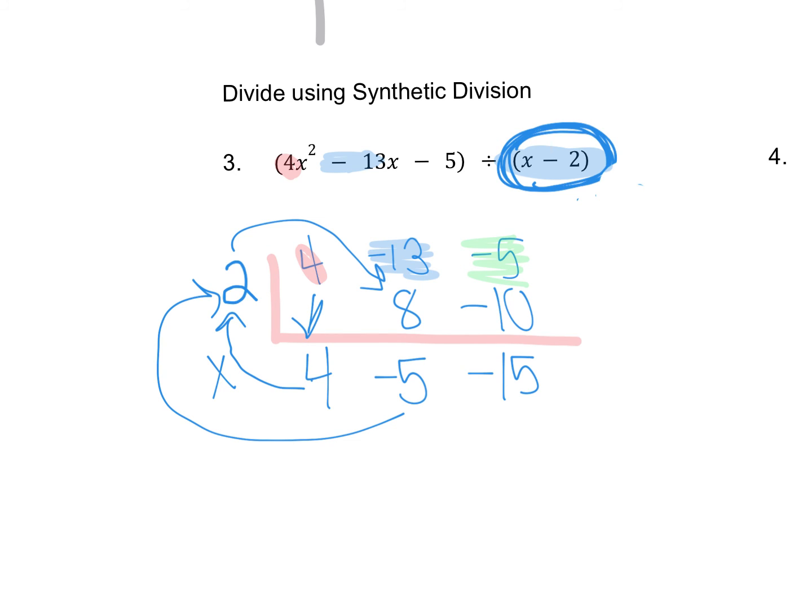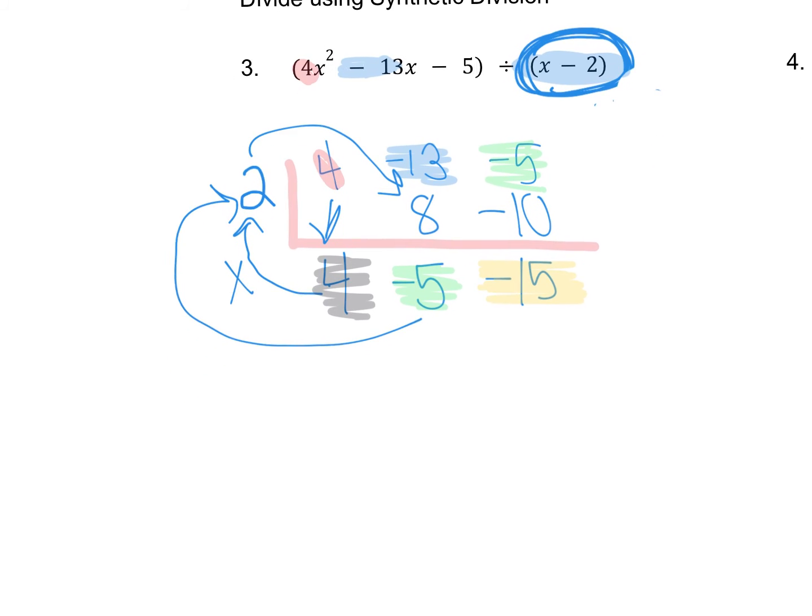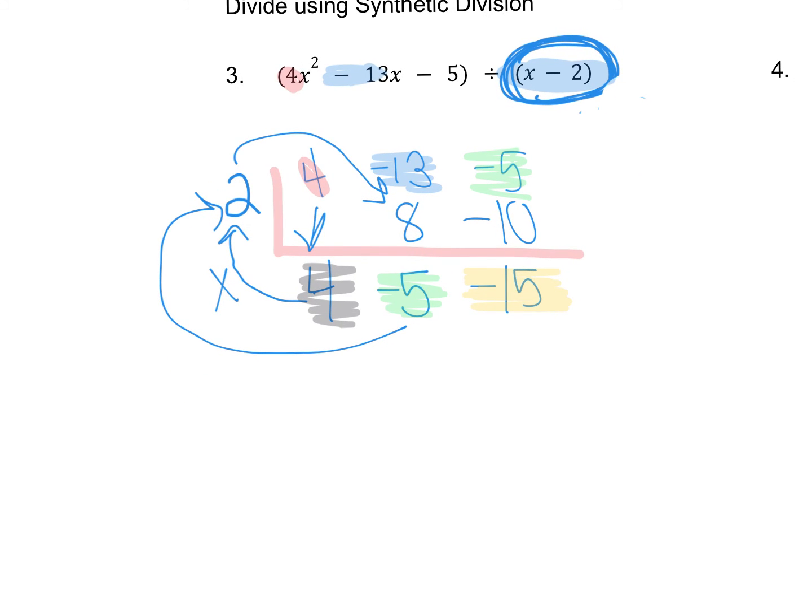This last number right here is always going to be your remainder. The other two terms, the 4 and the negative 5, are going to be the coefficients of your answer. Well, how do we know what our exponents are going to be when we write our answer?